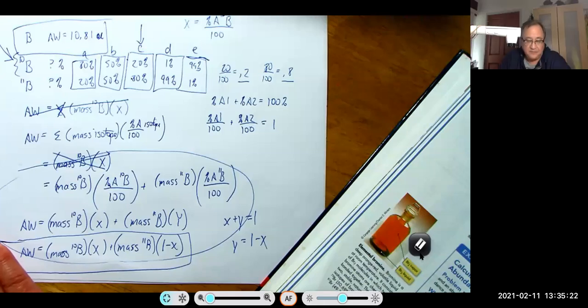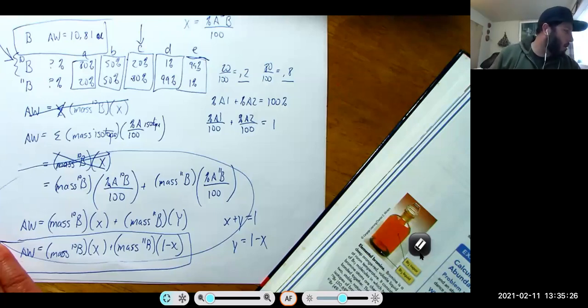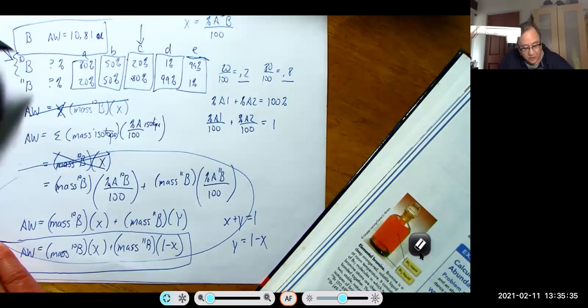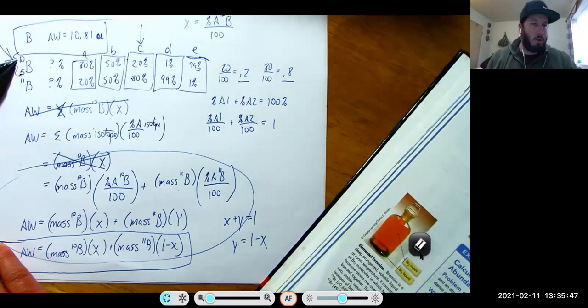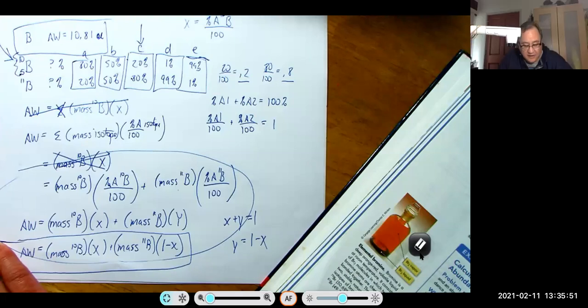Protons. 5. Right. Okay, if it's got 5 protons and it's got 10 things in the nucleus, 5 of them are protons. What are the other 5? Neutrons. So you got 5 neutrons and you got 5 protons.